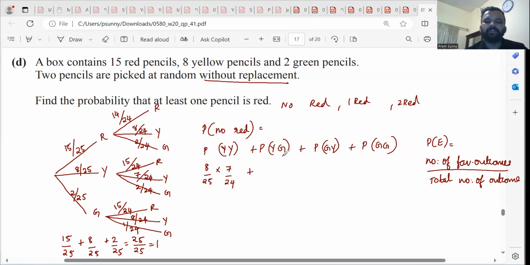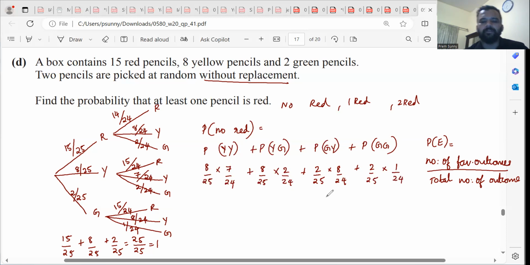Plus probability of yellow-green, yellow is 8 by 25 times green is 2 over 24. Plus probability of green-yellow, in the first attempt green is 2 by 25, and yellow is 8 over 24. Plus probability of green-green, first green is 2 by 25 multiplied by 1 by 24.